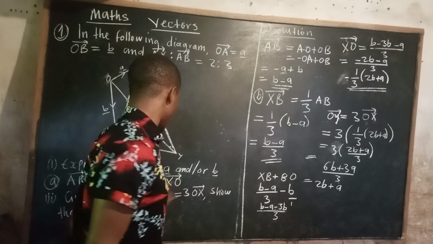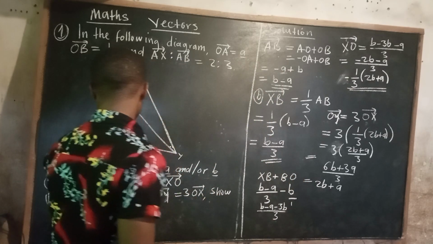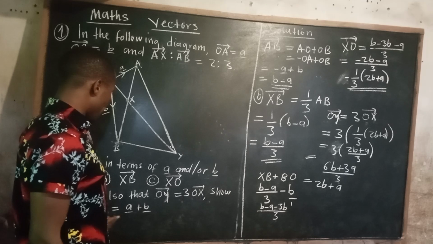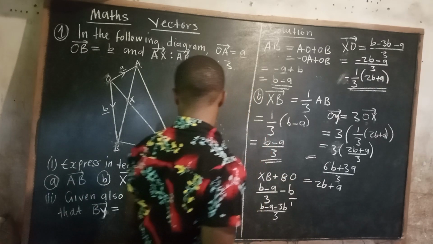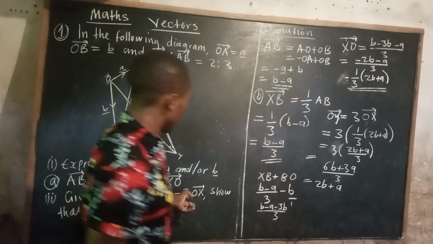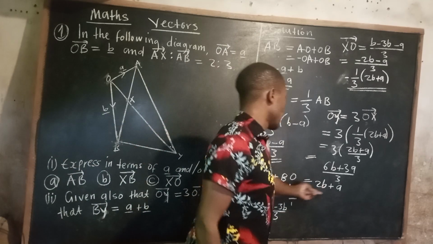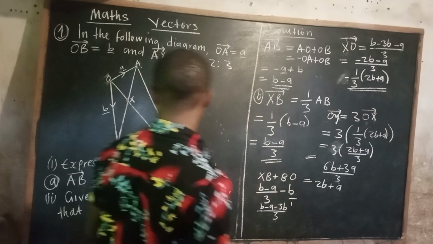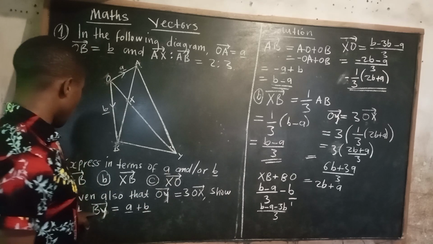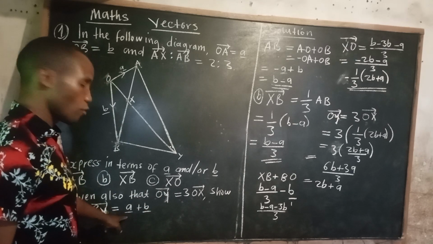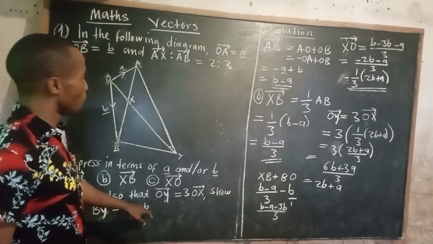They are saying this is the one that we have just found. Now show that vector BY is equals to this. So now that we have found vector OY, which is this one, we can easily show or prove that BY is equals to a plus b.